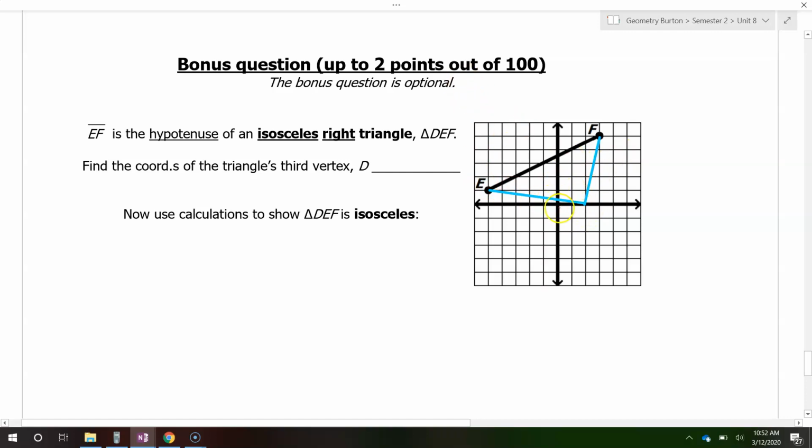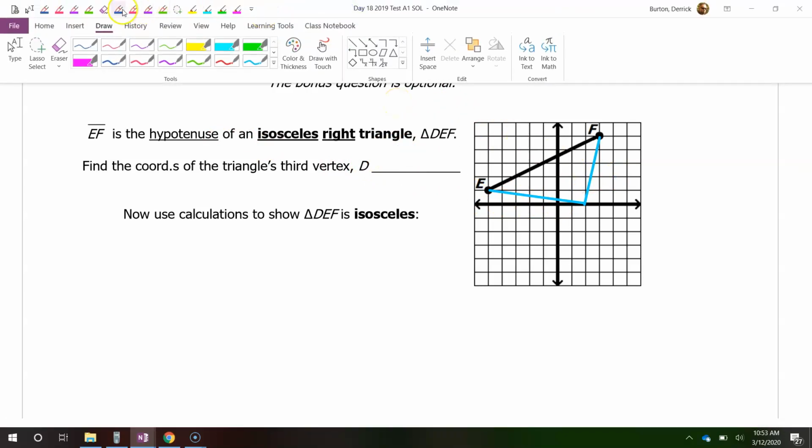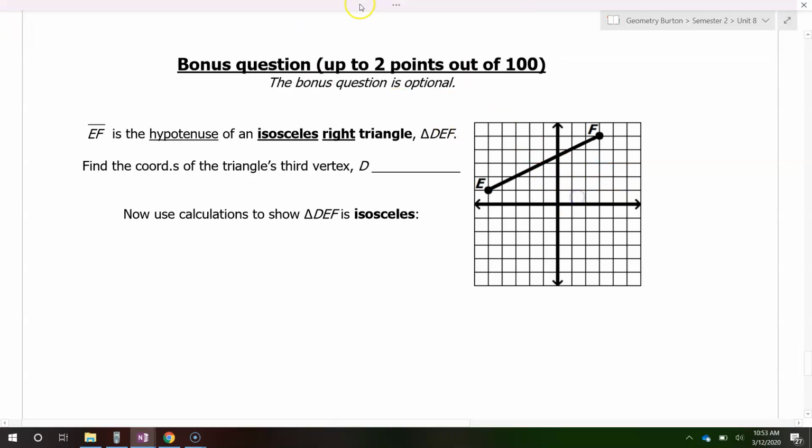But if I didn't already know, because I already worked this out previously, I would have to calculate the slopes and lengths and check. But I already did that, and to be honest with you, the first thing I tried was this point right here.